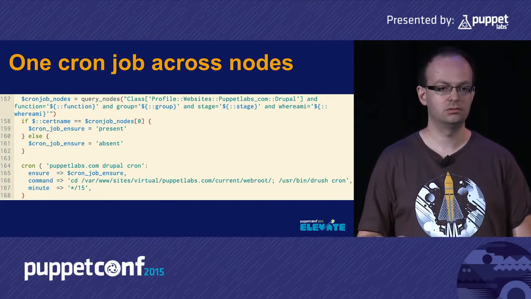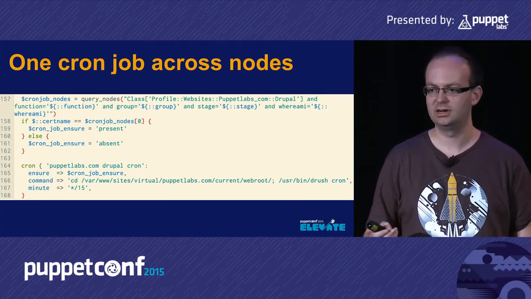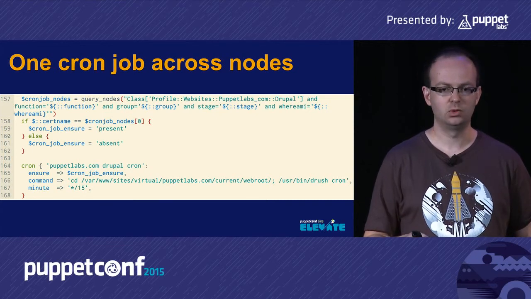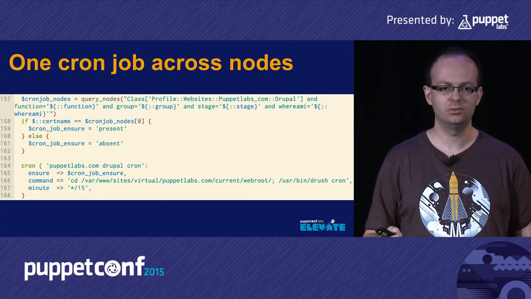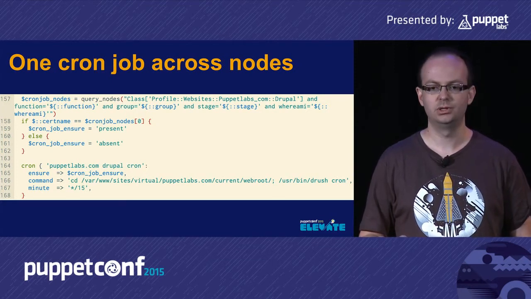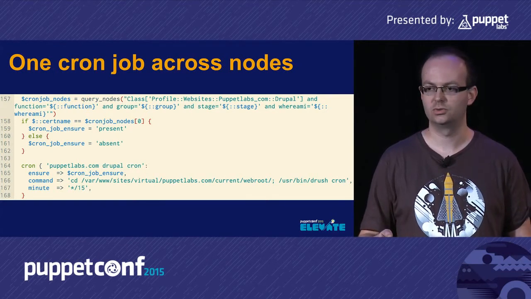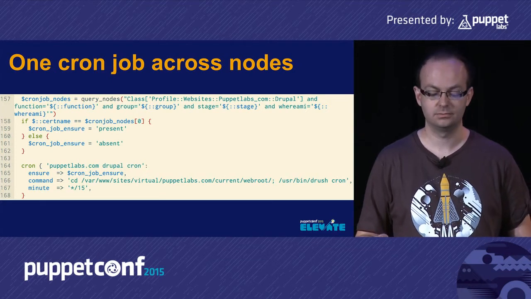We could have more complicated scheduling criteria based on facts. So if we wanted to say that the node with the most memory or whatever gets it, or that there should be 2 nodes that get it, we could do that. In this case, the requirement was fairly simple. And so this way, if I decommission a node, I don't need to worry about whether it's the magic node that's running the cron job, because it'll just come up on another one.